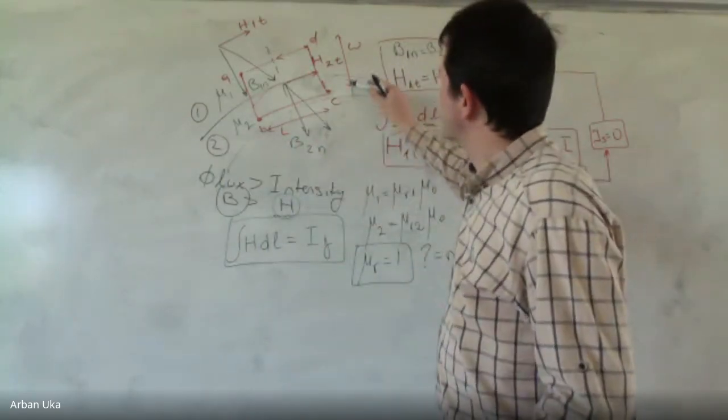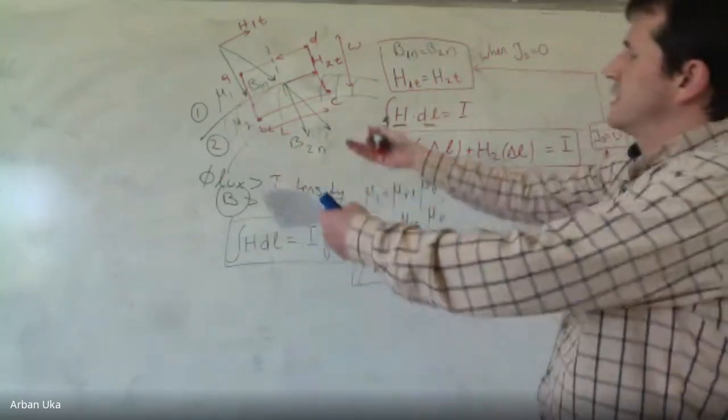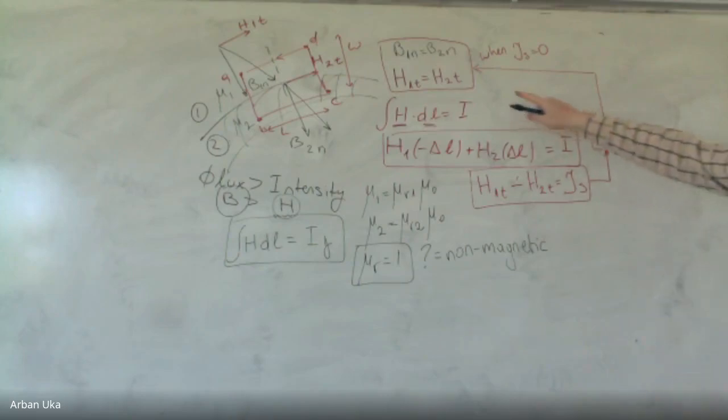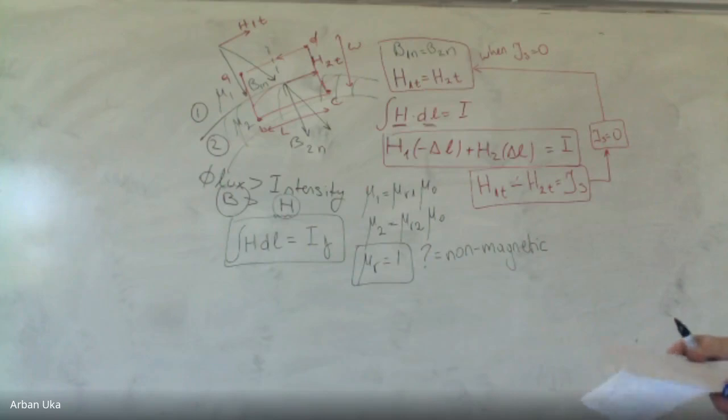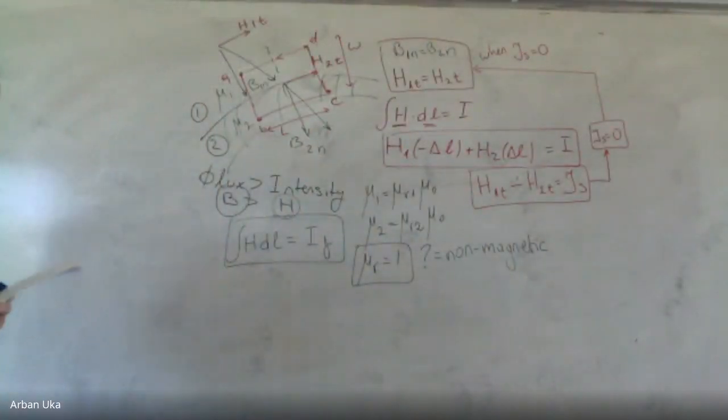It's like this barrier between medium 1 and medium 2 is extending like this. If this is 0, we get these expressions. So this is the relationship that we can construct here for the boundary conditions.